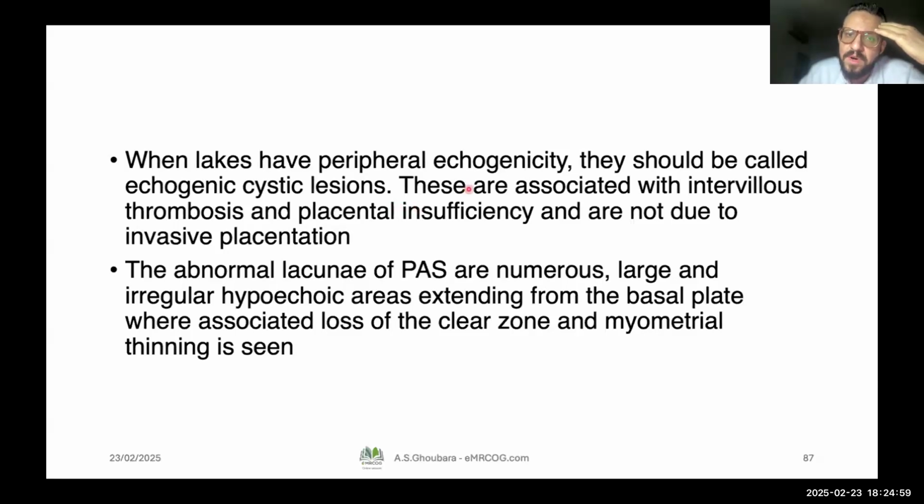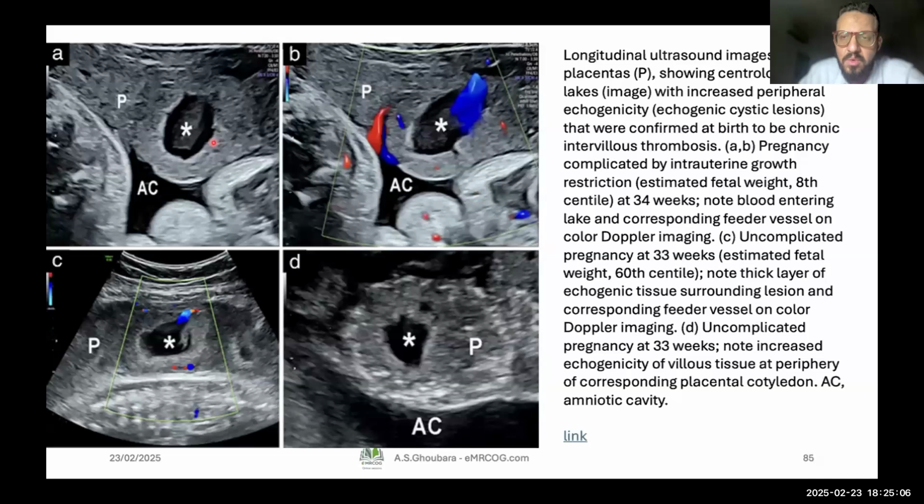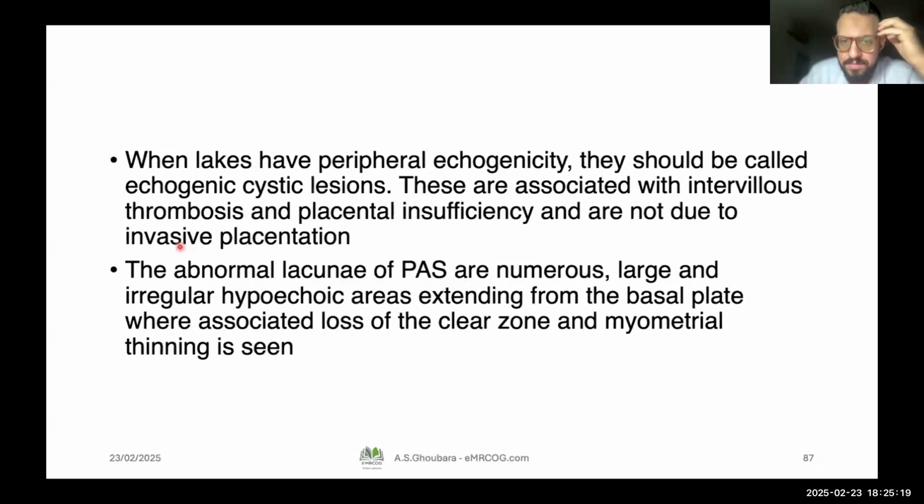Lakes sometimes have peripheral echogenicity. If they have what is called an echogenic cystic lesion, just like the one I told you, this one, it gives you a reassuring sign. See this one in picture C? It's very clear, it has a white contour. If you see this, it will reassure you that this is a lake, not lacunae.